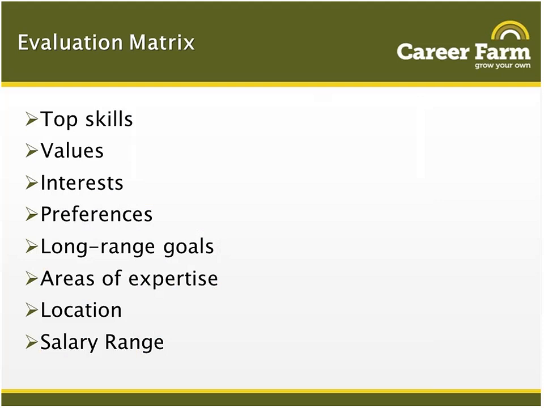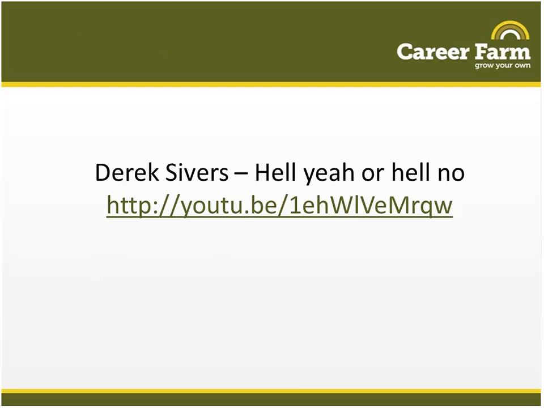You can put in any number of those preferences. You might want to put in some areas of expertise or particular location, and I recommend you put in your salary range as what's important to you. This helps you focus your research, because there's just so much out there with the internet, and you can get a bit overwhelmed when you're thinking about, okay, what's my next step?